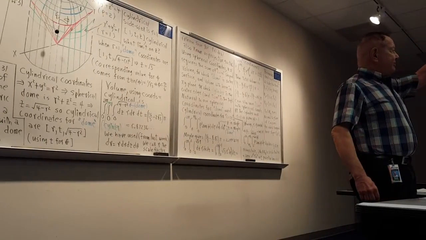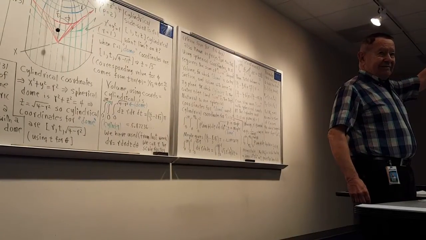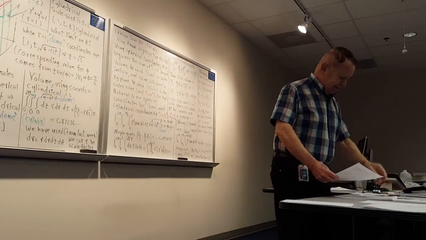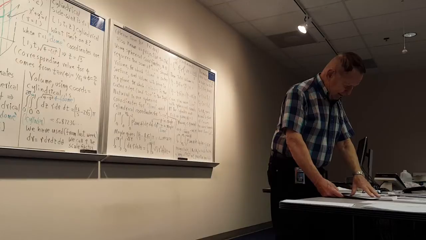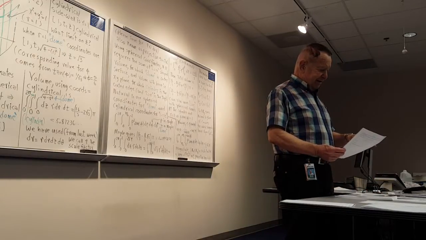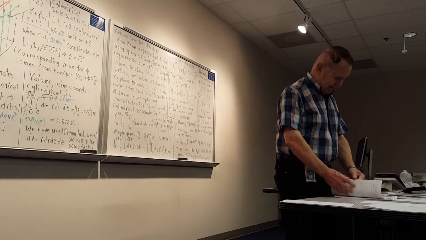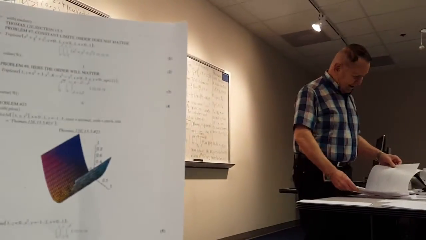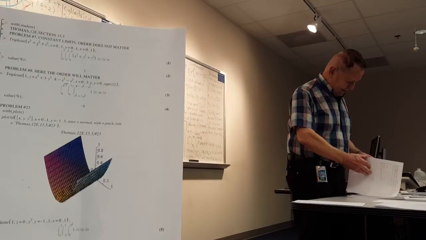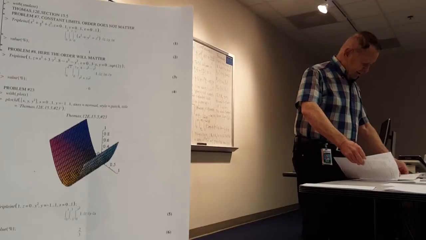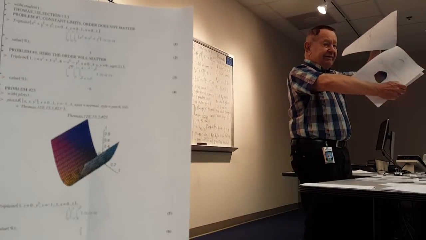Answers to the Maple handout that most of you have, and I have one for you if you don't. It's the Maple that on the front page says Thomas 12th edition, section 15.5. As I was saying yesterday, the last three sheets of paper go with 15.7.